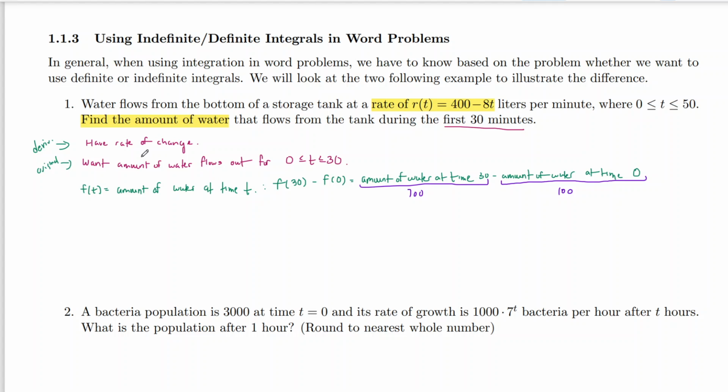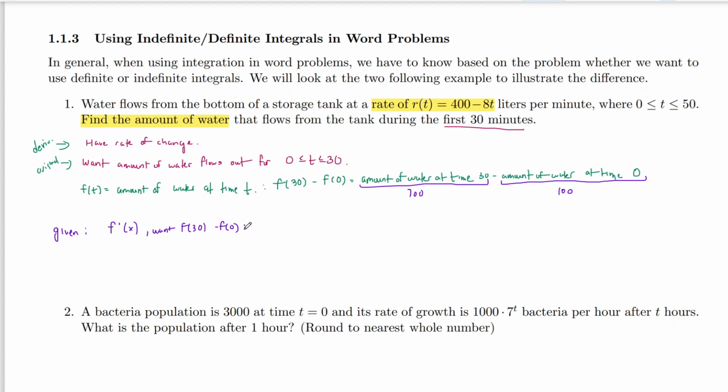All right, well, if you think about what we're given here, we're given the derivative and we want to find out the original. So in complete general terms, we are given f prime of x, and we want f of 30 minus f of 0.